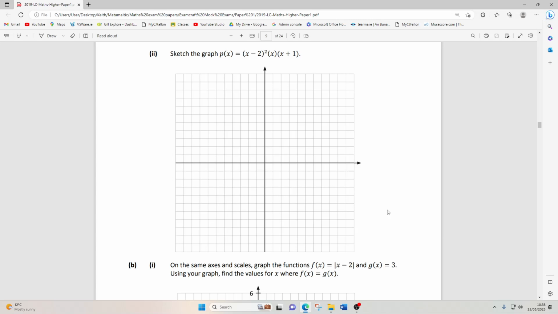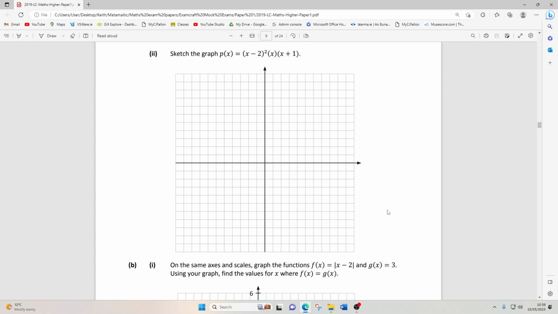Very straightforward. So it is f of x equals x minus 2 squared times x plus 1. Okay, I guess we begin the sketch.